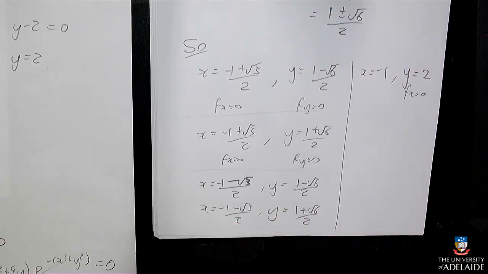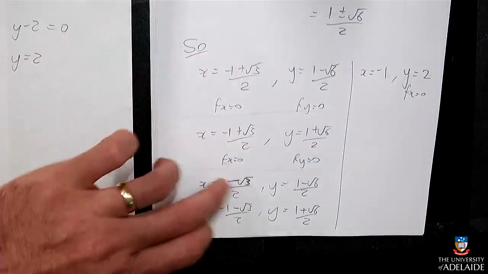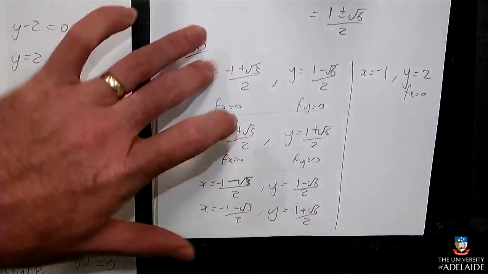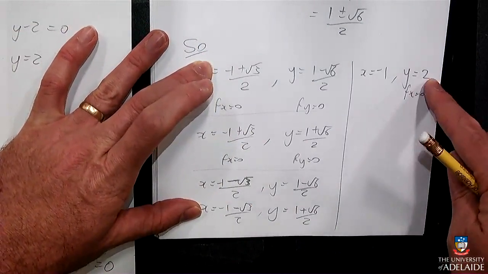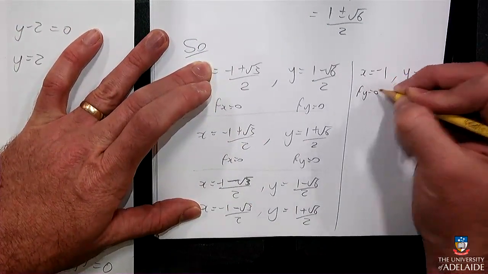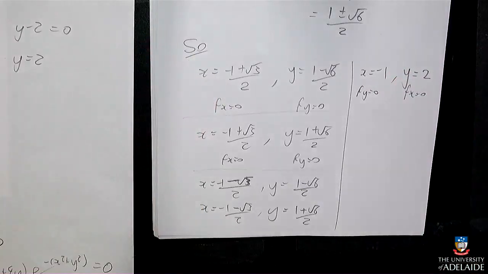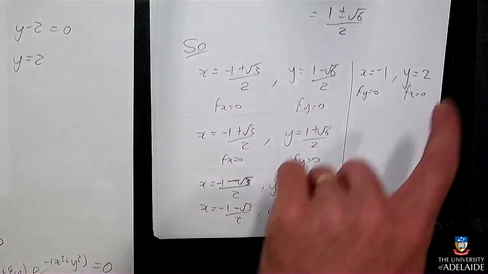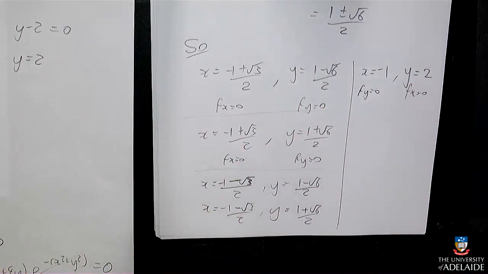So what I've done is run through all of the ways to make f sub x equal to 0, here, here, here, here, and here, and then chosen something that makes f sub y equal 0 at the same time. So what I've ended up with is 1, 2, 3, 4, 5 critical points. Hooah! Okay.